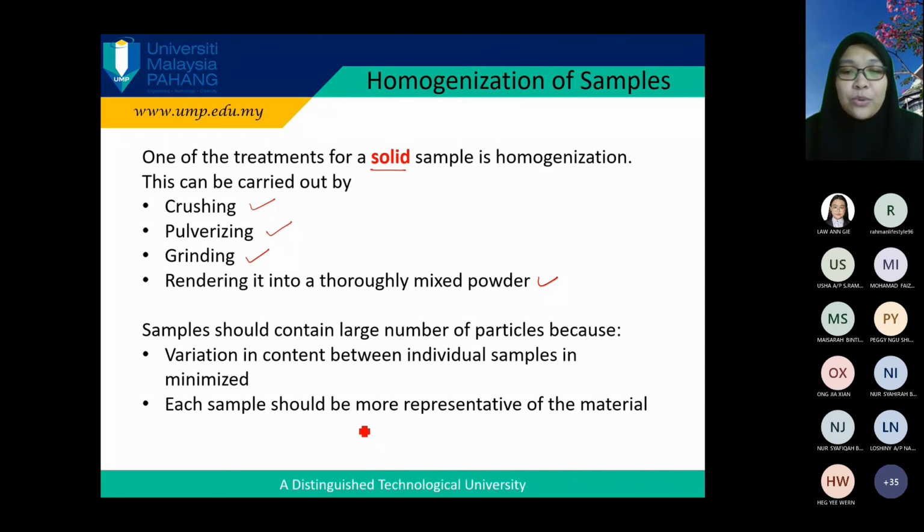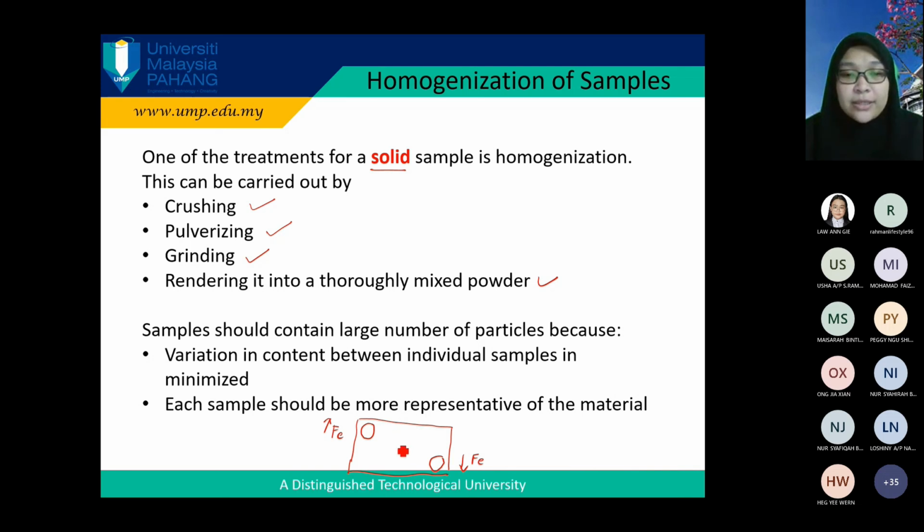For example, if you go to a site, you want to sample soil, if you sample here, it might contain high amount of iron. Okay, if you do sampling here, it might contain low iron.